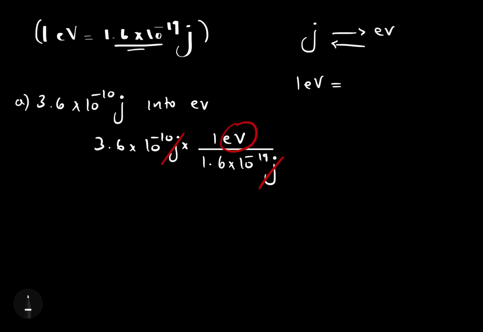So you have to divide 3.6 times 10 to the power of negative 10 by 1.6 times 10 to the power of negative 19.